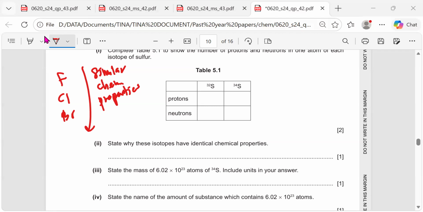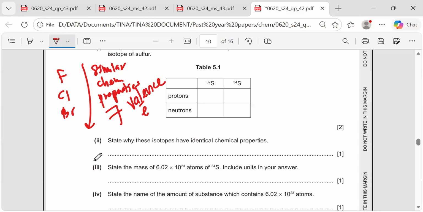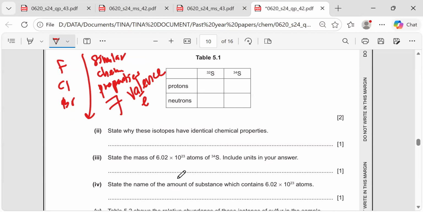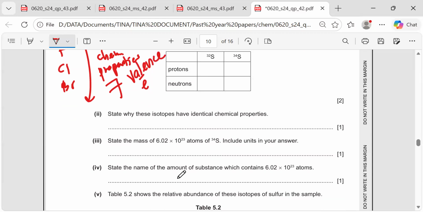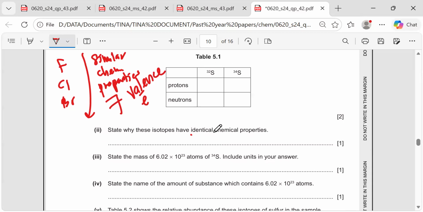So they have similar chemical properties because they all have 7 valence electrons. They have similar but not the same, but the trend is the same. Group 1 also you see like that. But this one is identical. Then they don't say the word similar, they use identical. So they have the same electron arrangement.